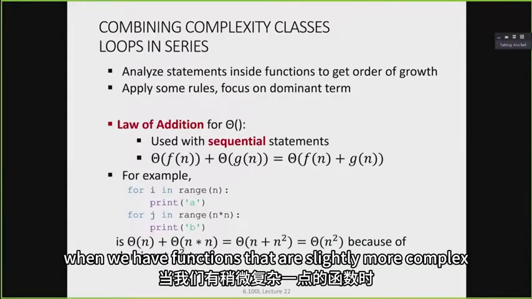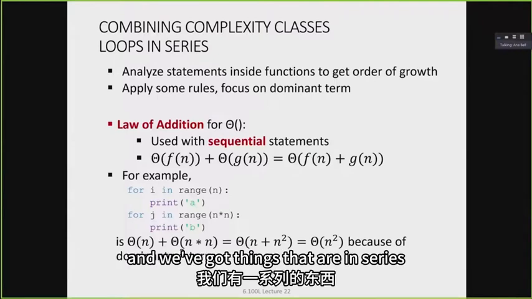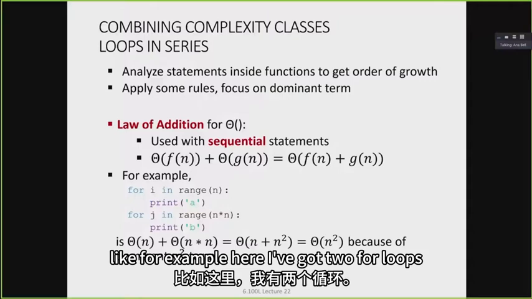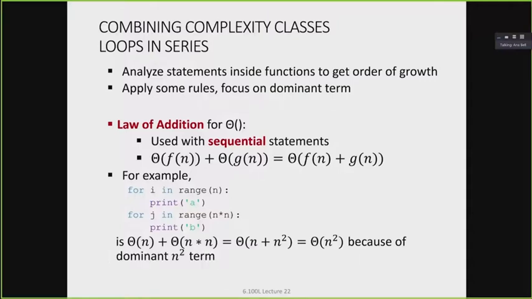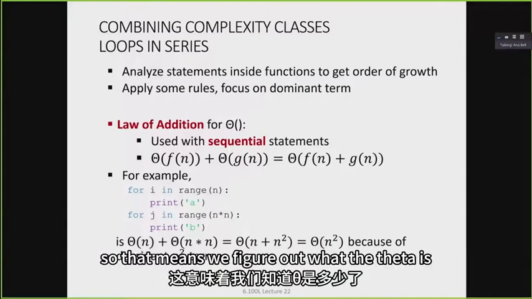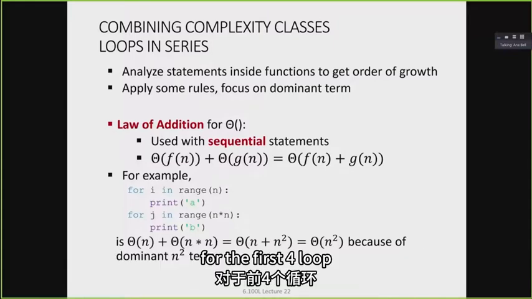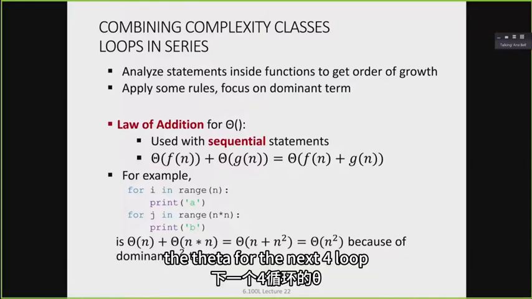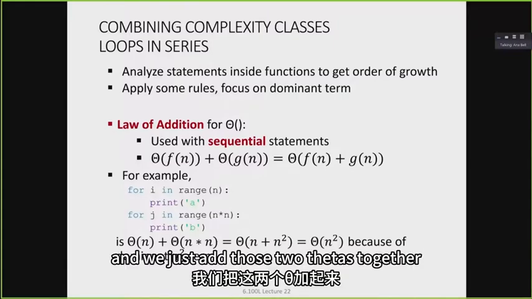When we have functions that are slightly more complex, and we've got things that are in series, like for example here I've got 2 for loops, one right after the other, we basically use this law of addition to take care of that. That means we figure out what the theta is for the first for loop, the theta for the next for loop, and we just add those 2 thetas together. Okay?